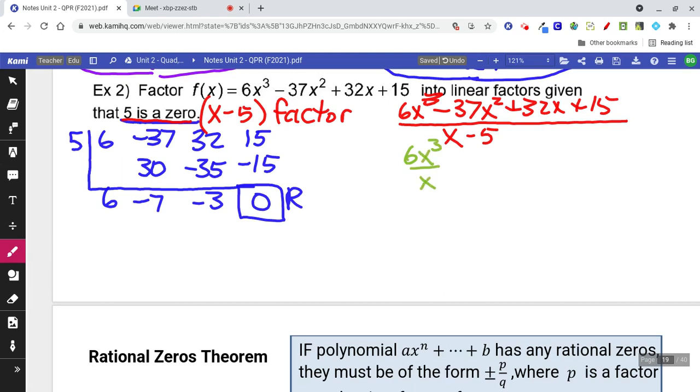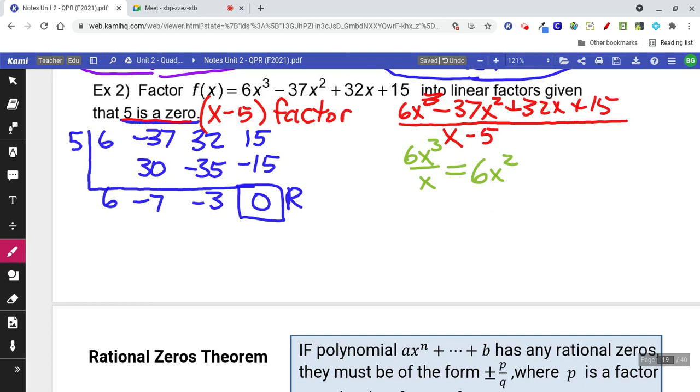If I just boil that problem down into just this little bitty piece of that problem, one of the x's canceled out and we get 6x squared, right? 6x cubed divided by x is 6x squared.